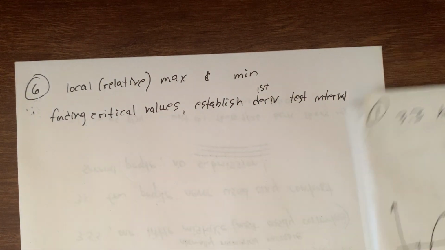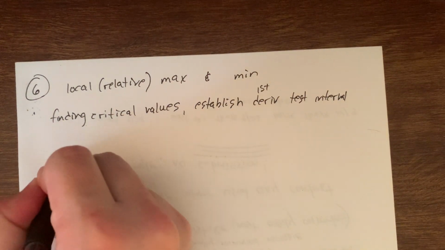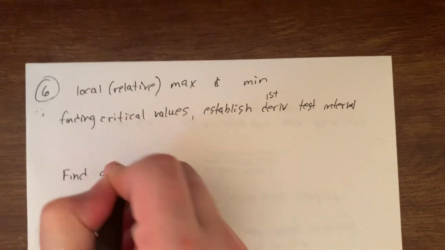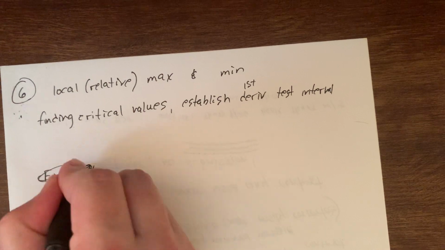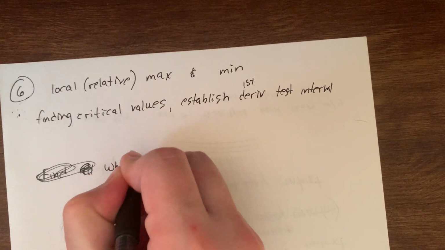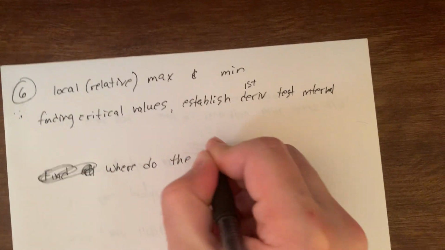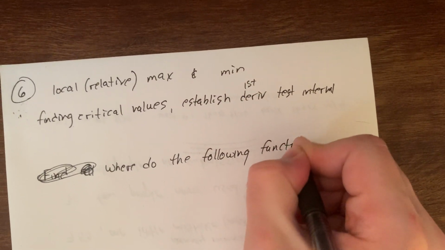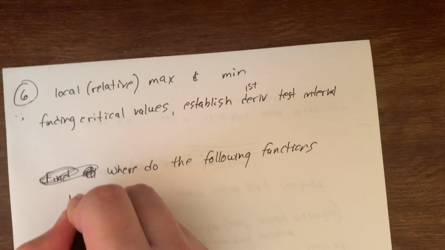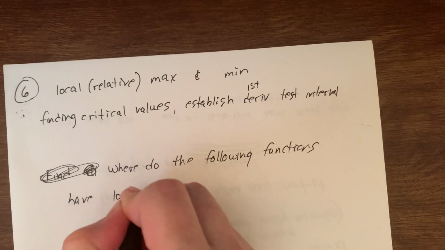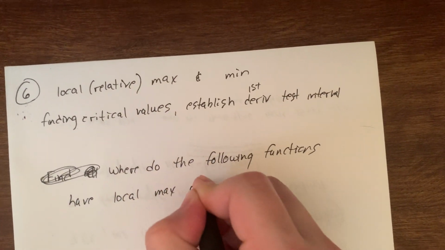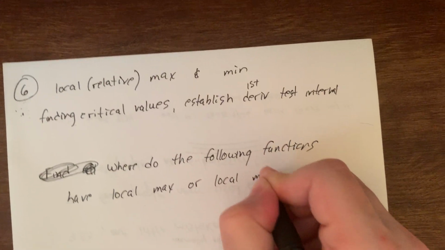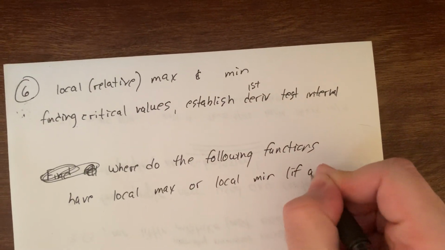So let's jump right into some problems. Let's establish where do the following functions have local max or local min, if any exist.